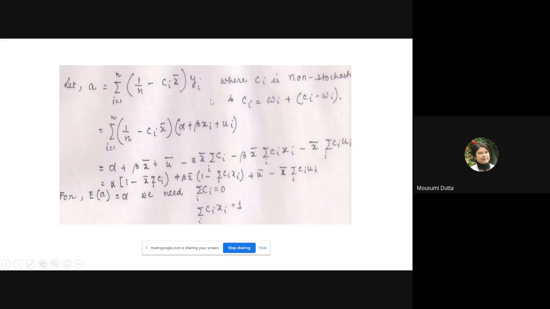Rest of the things are the same. As I mentioned, all the notations are capital, where ci is non-stochastic and ci can be presented as wi plus the difference between ci and wi. Instead of using the notation di, here I'm keeping it as ci minus wi. So I'm considering a factor, which is summation (1 by n minus ci X bar) into Yi.